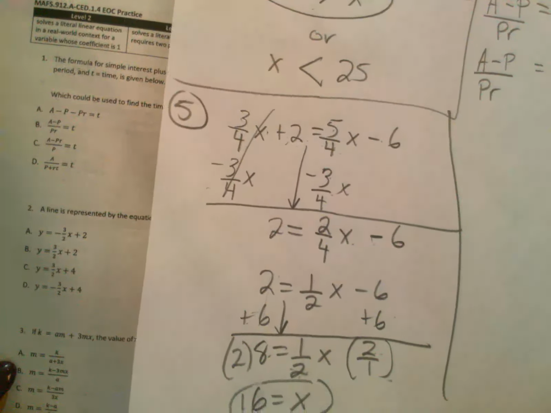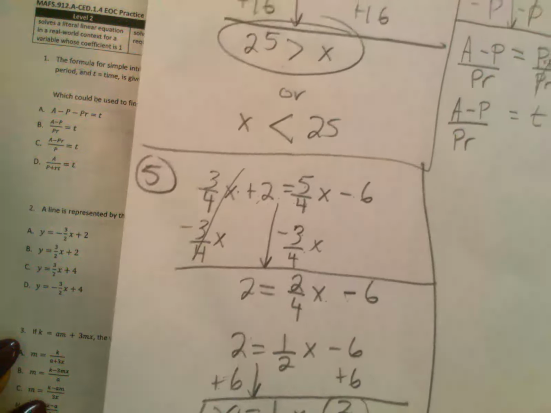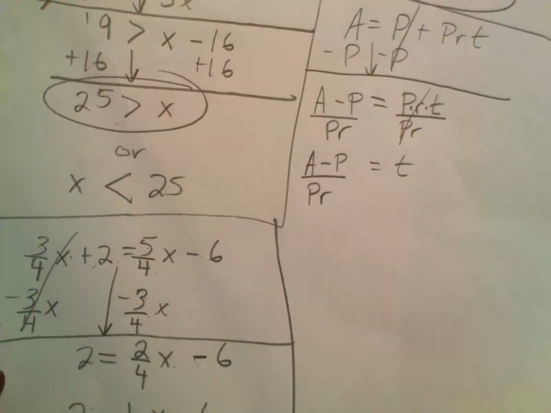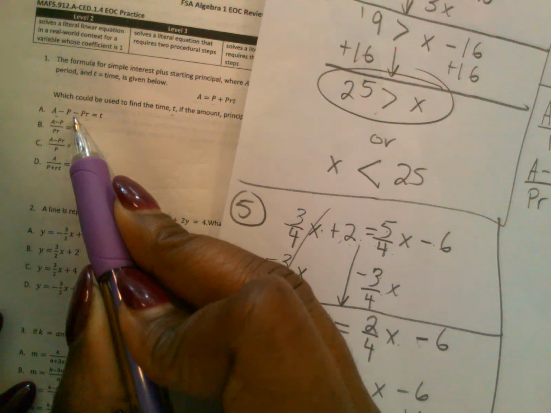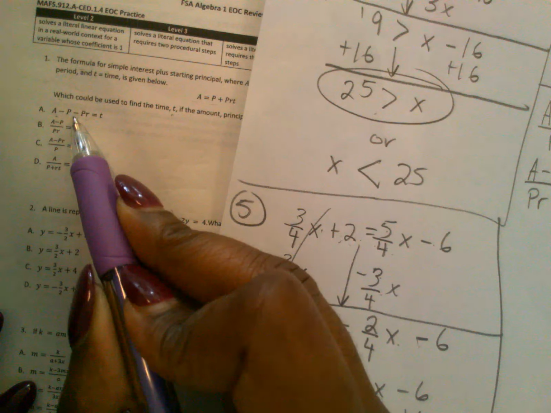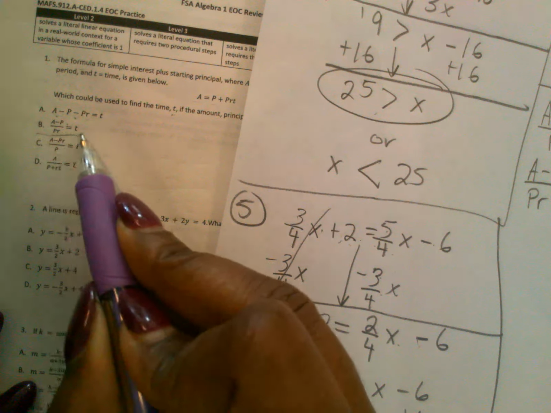So let's look and see what they have as answers, okay? All right, so we got A, this one's not it because we had to divide to get rid of it. Then we got this on the top and PR on the bottom. Yep, right here, there you go. So B is your answer there.